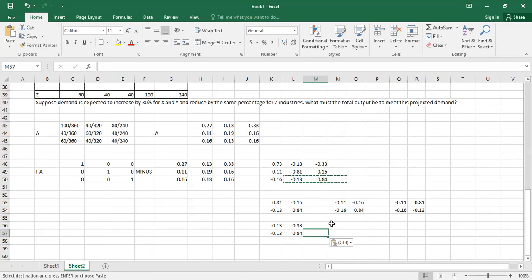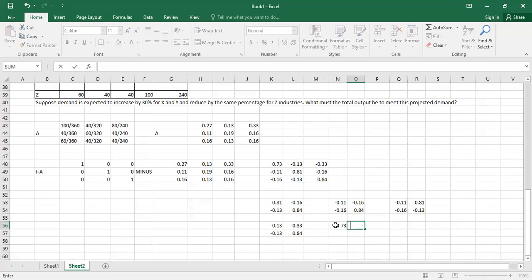So I'm picking 0.73, negative 0.33, then negative 0.16 and 0.84. I go to this. We'll be left with, pick.